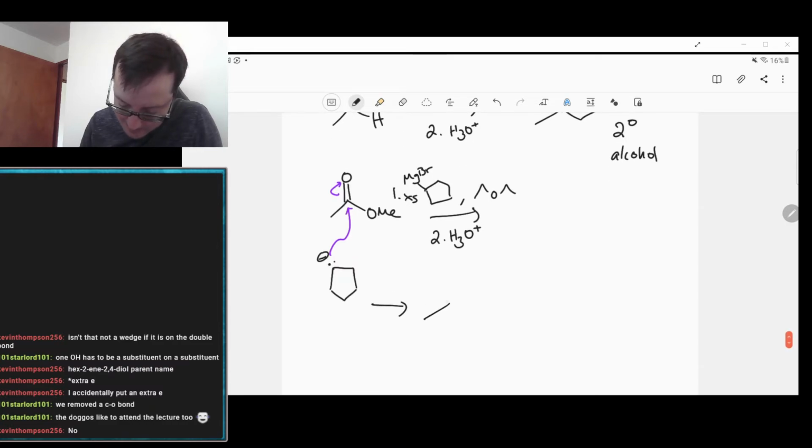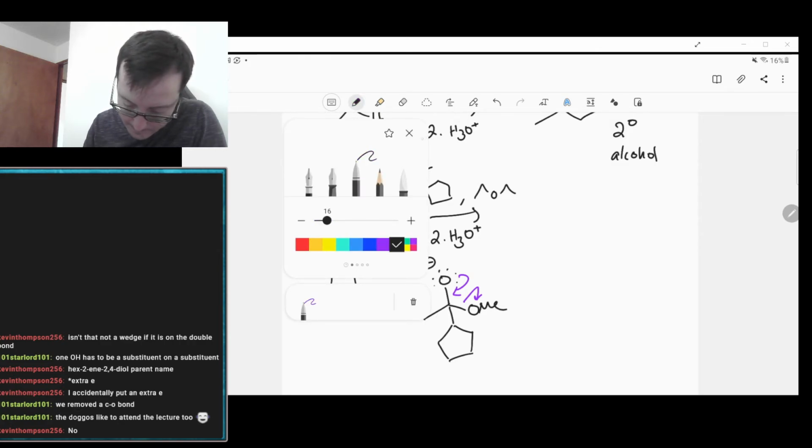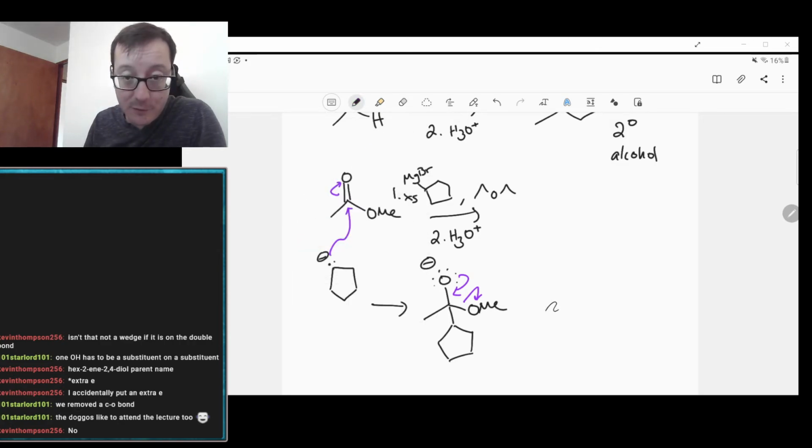So we end up with this thing popped open. We now have our cyclopentane on there. It's going to close down because that's a strong driving force because we have a leaving group. The methoxide is a leaving group here. It's not a good leaving group for substitution or elimination by any means, but for this carbonyl closing down, it is a good enough leaving group.